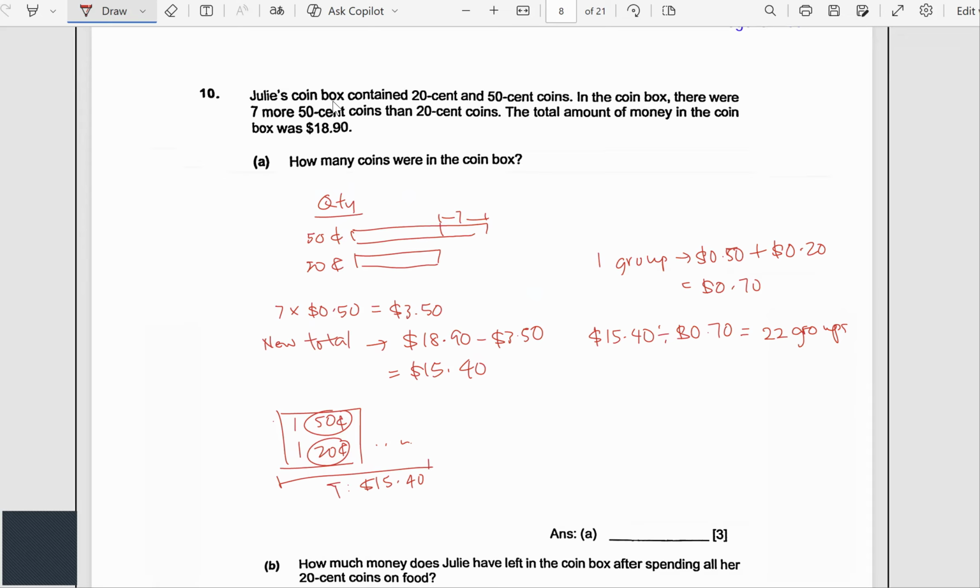How many coins were there in the box? Now, if you look at this, in every group, there are 2 coins. Not 70, but 2 coins. So 22 times 2, 44. And don't forget, we actually took away 7 50-cent coins earlier, right? So add it back. So answer 51.